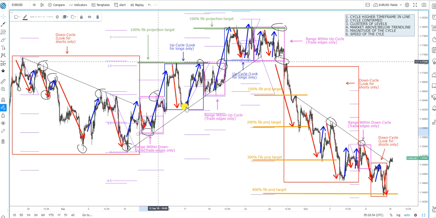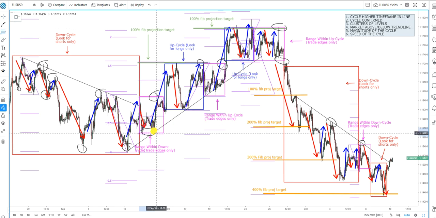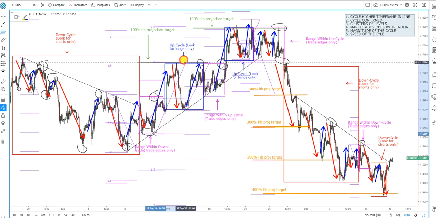So we've seen this low being made, and obviously it goes beyond the 50% retracement. If we actually went to draw this Fibonacci retracement, it goes, as you notice, below the 50%.